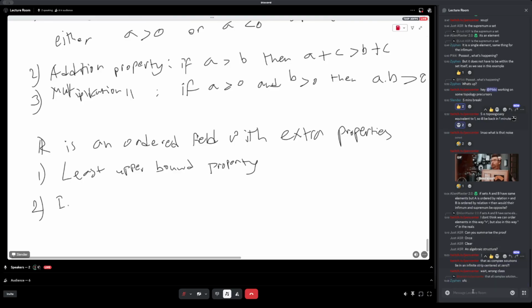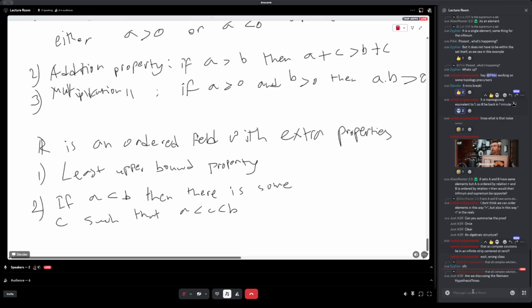And another property: if A is less than B, then there is some C such that A is less than C less than B, meaning that given any two numbers in the real numbers, you can always find some number between them.